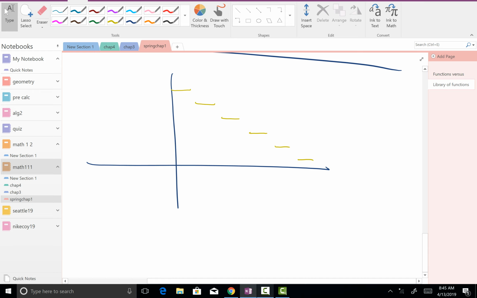It looks the same. Still steps. But it starts at 0. Okay, that's a cool observation.